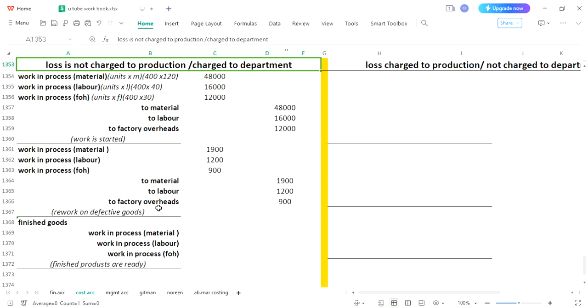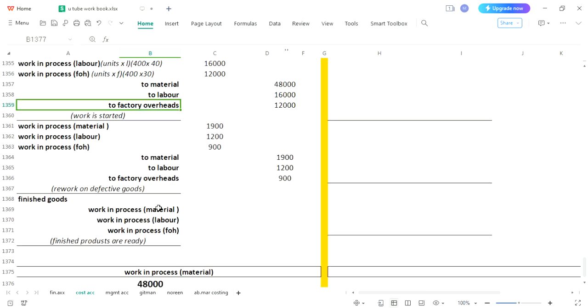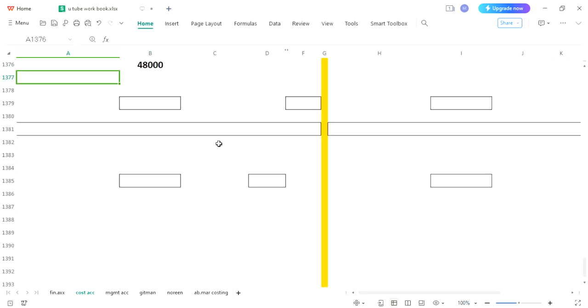Here our ledger is starting. The first amount was 48,000. This was your first amount. How have we taken it? First entry, work in process material, debited 48,000. Now the second, 1900, is also on the debit side, put it over here.